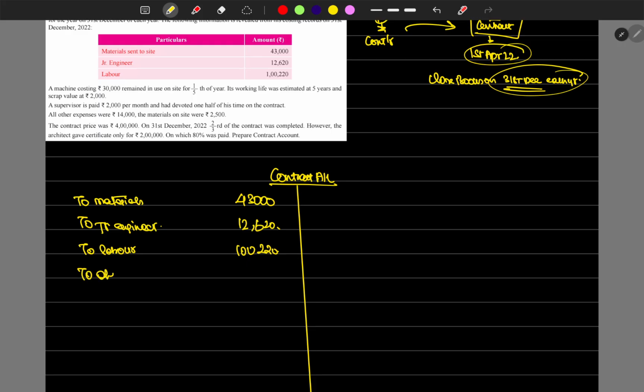And there is machinery. We have to find the depreciation on machinery, so we prepare a working note. And what else? Supervisor salary.